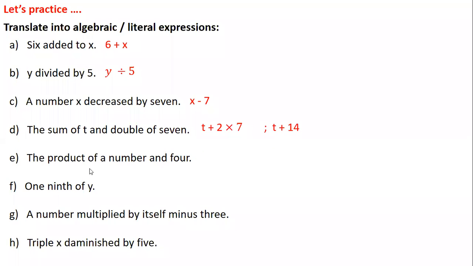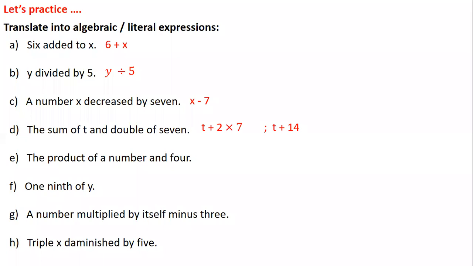The product of a number and 4. What does product mean? Multiply. Who do I multiply? A number. Do we know this number, Julia? No. So for me, it is unknown.